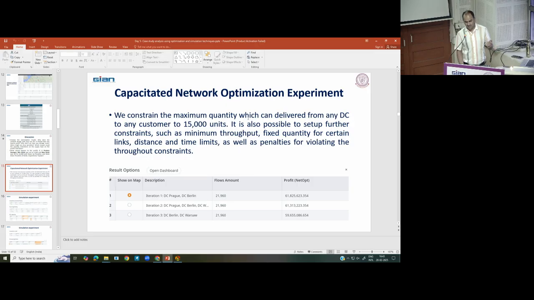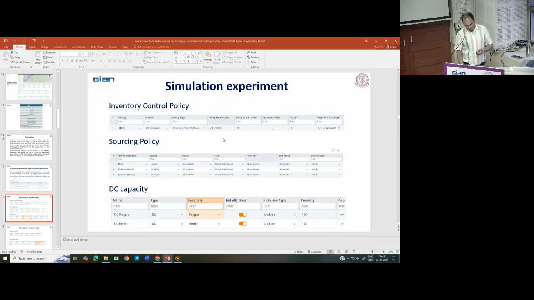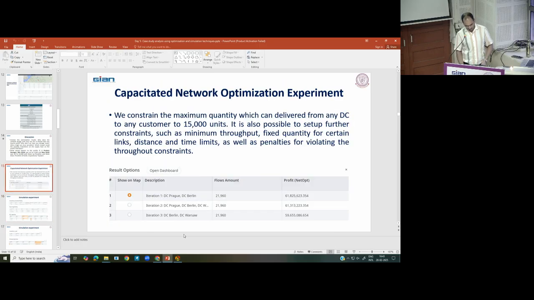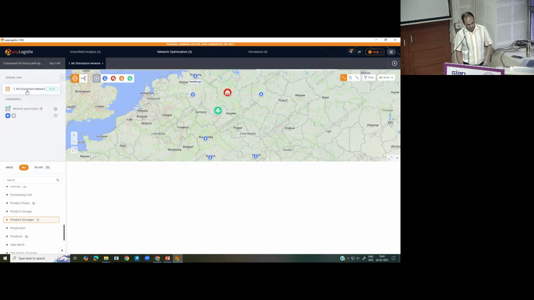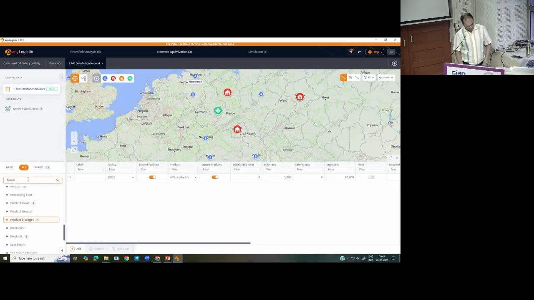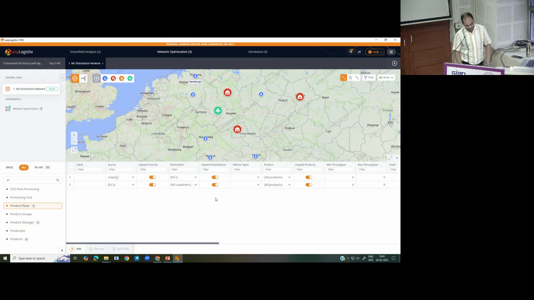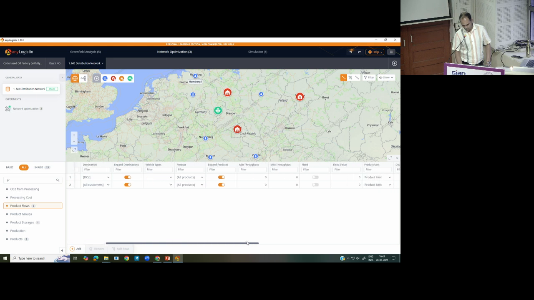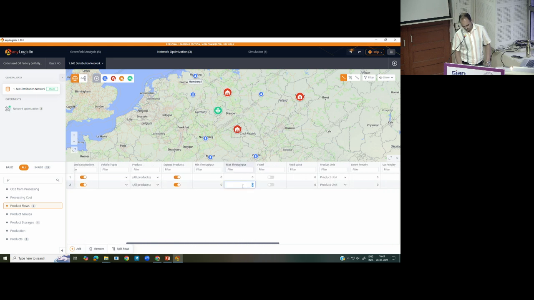Now we are saying that the quantity delivered from any DC to any customer is 15,000. Let me try that as well. This is my model. I am going into the product flows, any DC to all customers, and I am saying that the quantity should be below 15,000. Let me check it.